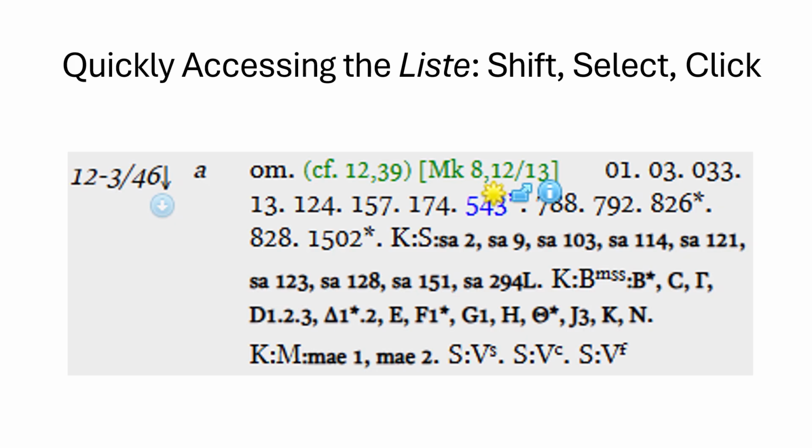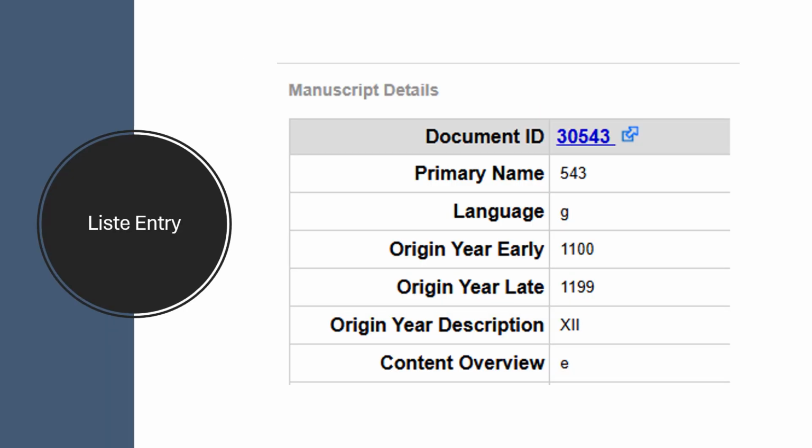But clicking the I information button will automatically display the manuscript details in the online liste, including the commonly accepted date for the artifact. Sometimes the date for a reading can be traced even earlier than the earliest manuscript that contains it, based on patristic evidence.